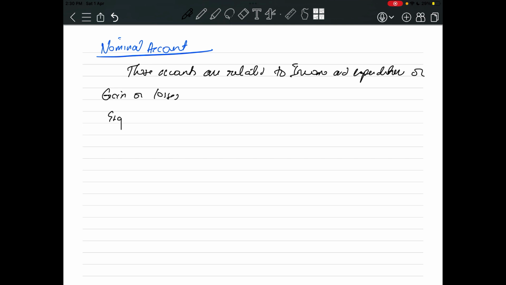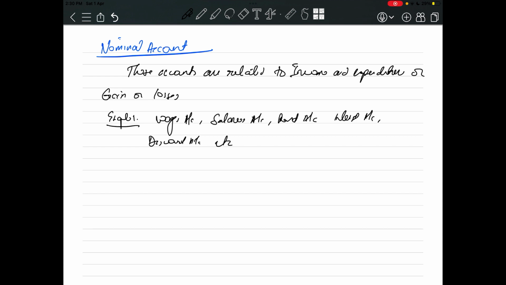So what are the examples? Wages account, salaries account, rent account, interest account, discount account, etc. Okay, so these are the accounts which we will cover under nominal account.